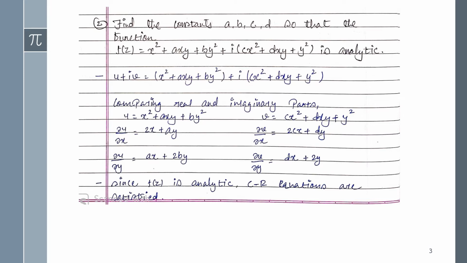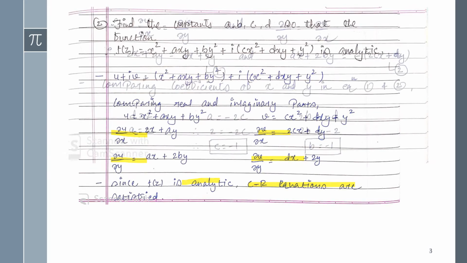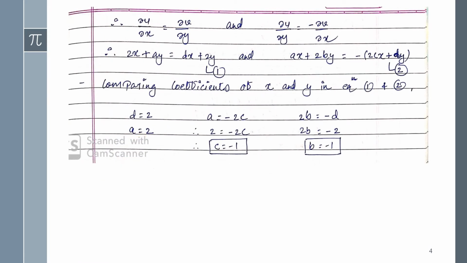So I'm finding those four components here. See, I have found them, and after that we can apply the CR equations. So the CR equations will be satisfied, and comparing these equations, just put in the values of all the components, right?